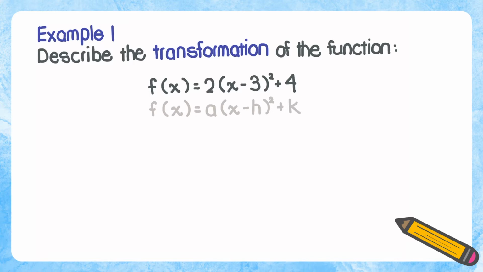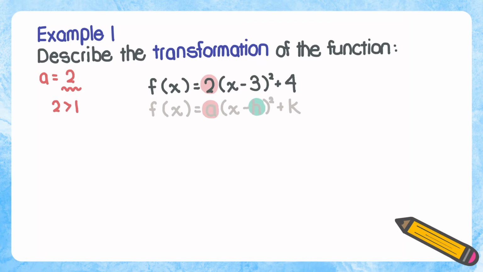We have an exact match, and here a is replaced by 2, so a equals 2, and 2 is greater than 1, so we'll have a vertical stretch.